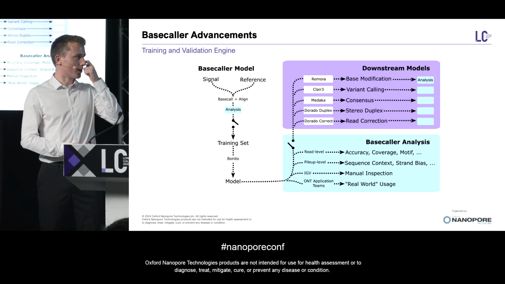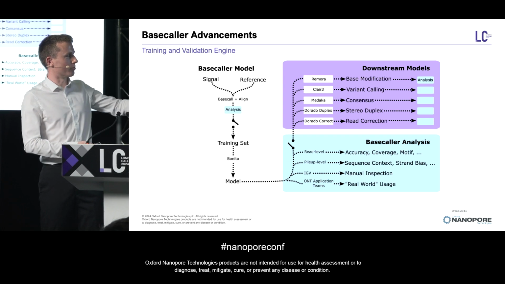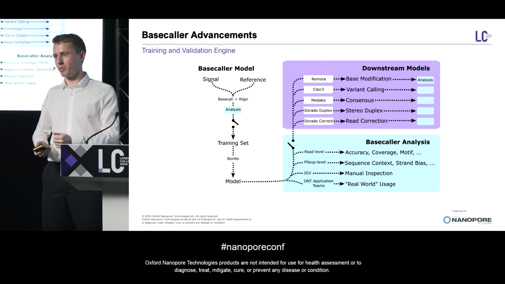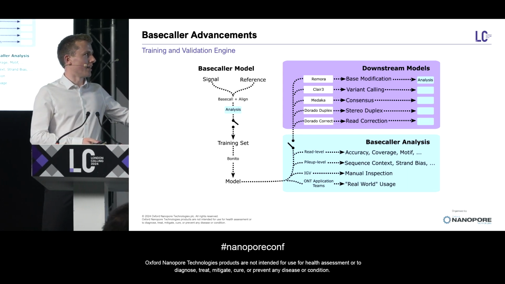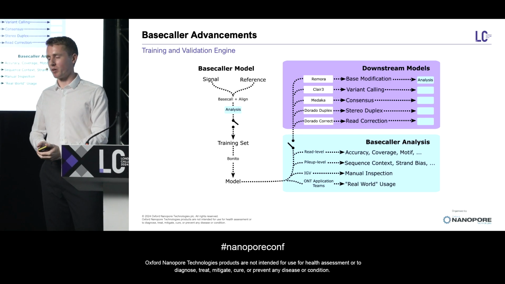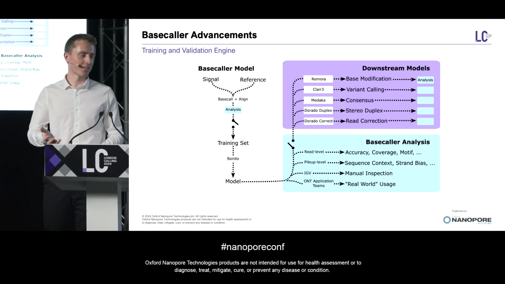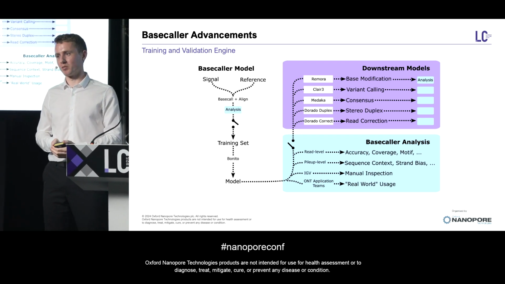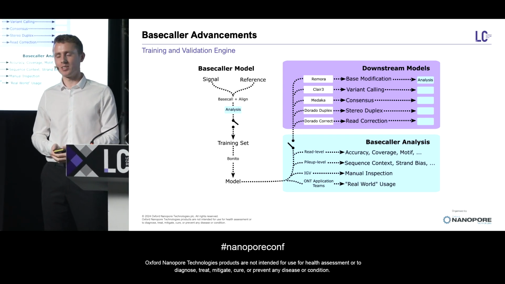So if we focus in on starting from a Basecaller model and following through, and think about how we keep delivering improvements? Well, if we look at our signal, we've recently done the E8 2.1 update, so all of our signals have improved. Our references increasingly improve, which becomes important as we begin to reach very high simplex accuracies.